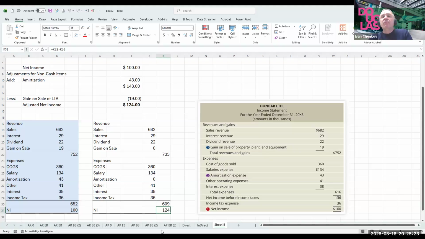So that's how we're moving from the accounting income into the cash income, by eliminating the effect of the non-cash items, which in this case are gain and amortization. If it's an expense, we have to add it back. If it's included in the revenue and gain, we have to deduct it.